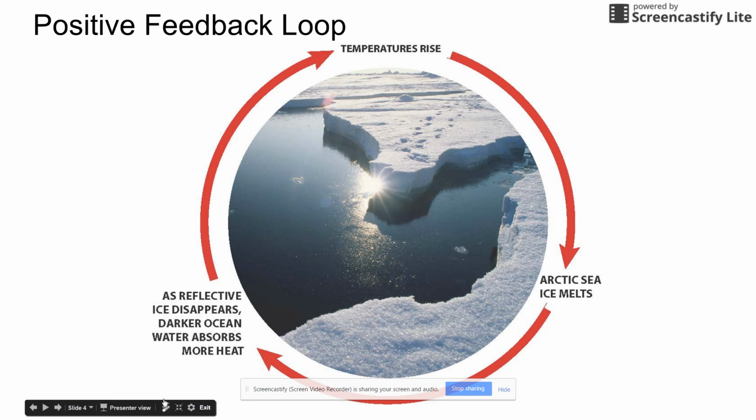As that ice disappears, less of it is able to get reflected, and the ocean actually absorbs more heat, which in turn increases the temperature, which in turn melts more ice. And then there's more dark ocean to absorb the energy, which raises temperature again.